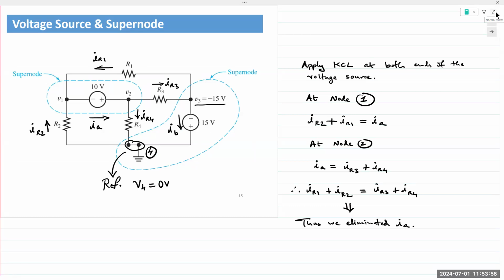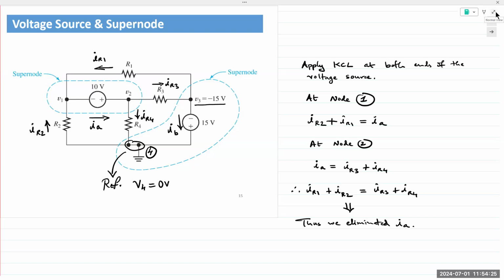Node voltage analysis, in my experience, students find this technique to be particularly difficult. That's because there are a lot of concepts coming in. But again, remember at the beginning of this course, I stated you learn new analysis techniques, but all of these techniques are based only on 3 laws: Ohm's law, KVL, and KCL.